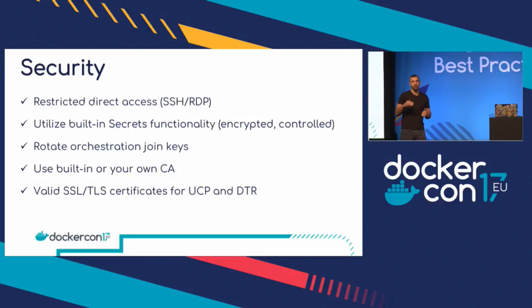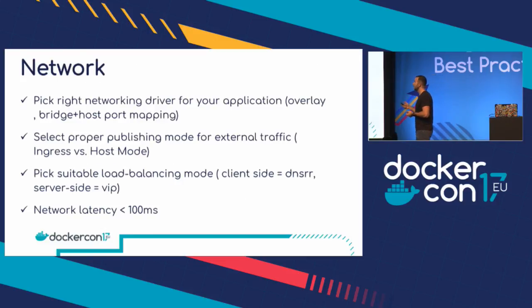As long as your CA uses CFSSL as a protocol for handling CSRs, then you can use your own CA. Aside from that, make sure that you also have a valid SSL/TLS certificate for UCP and DTR for external access. So when you're accessing UCP and DTR, make sure that you generate certificates for them.